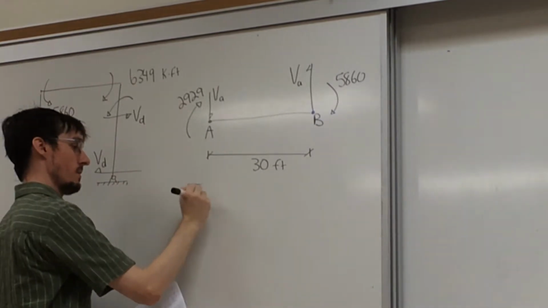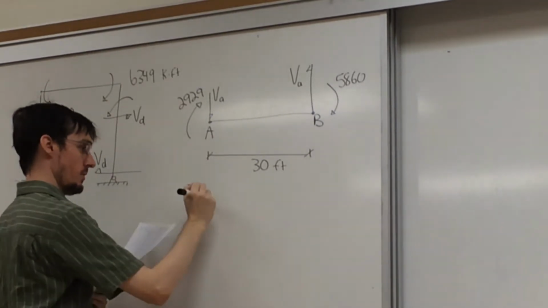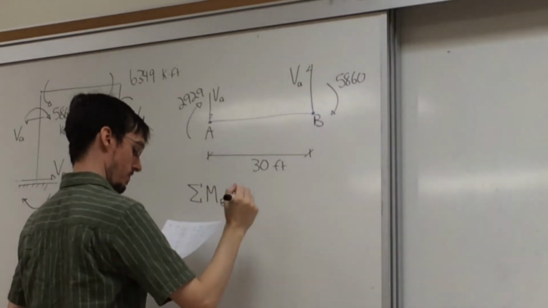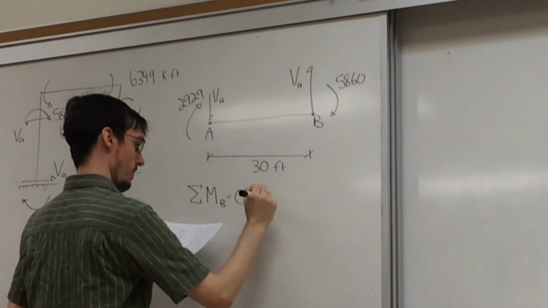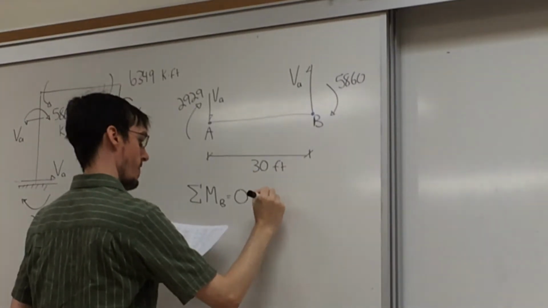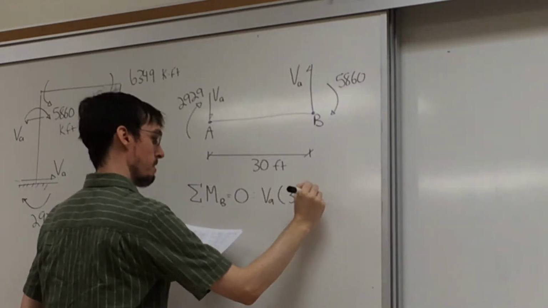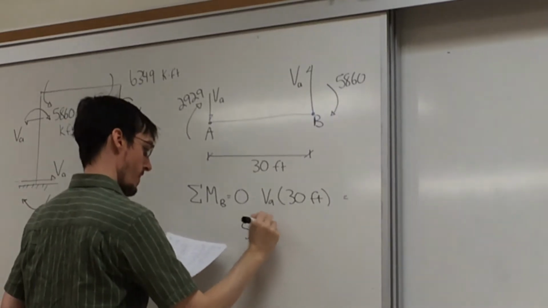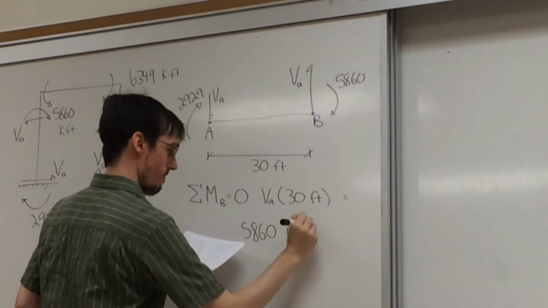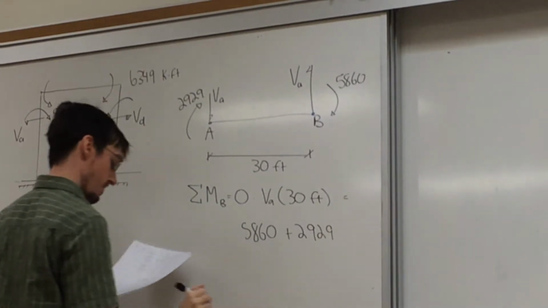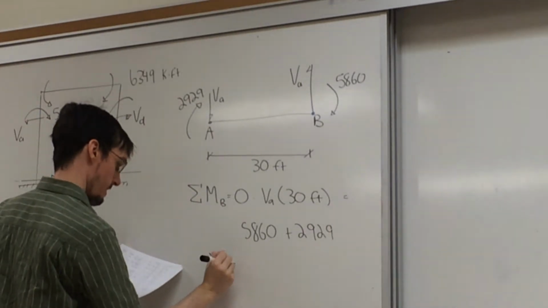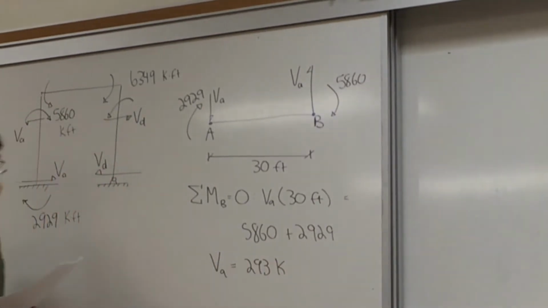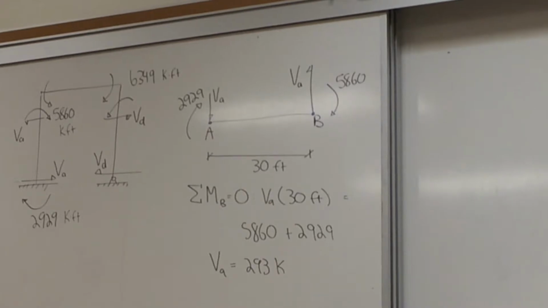And you can take moments about either point. I took moments about B. I found that the reaction at A, VA, is 293 kips.